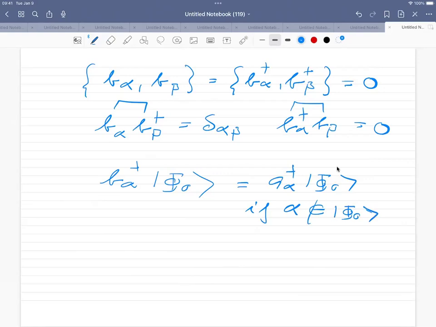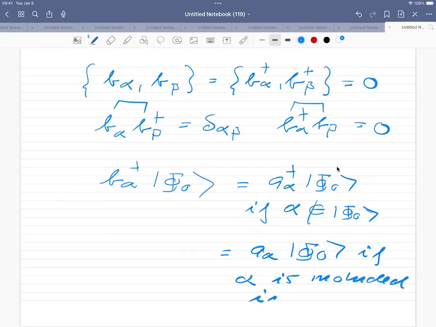So this adds a particle on top of your state. That means that instead of a state with n particles, you end up with a state with n plus 1 particles. And then you see also that the action of the other operator is equal to A alpha on phi 0 if alpha is included in phi 0. And we can do the same exercise with the other operator.